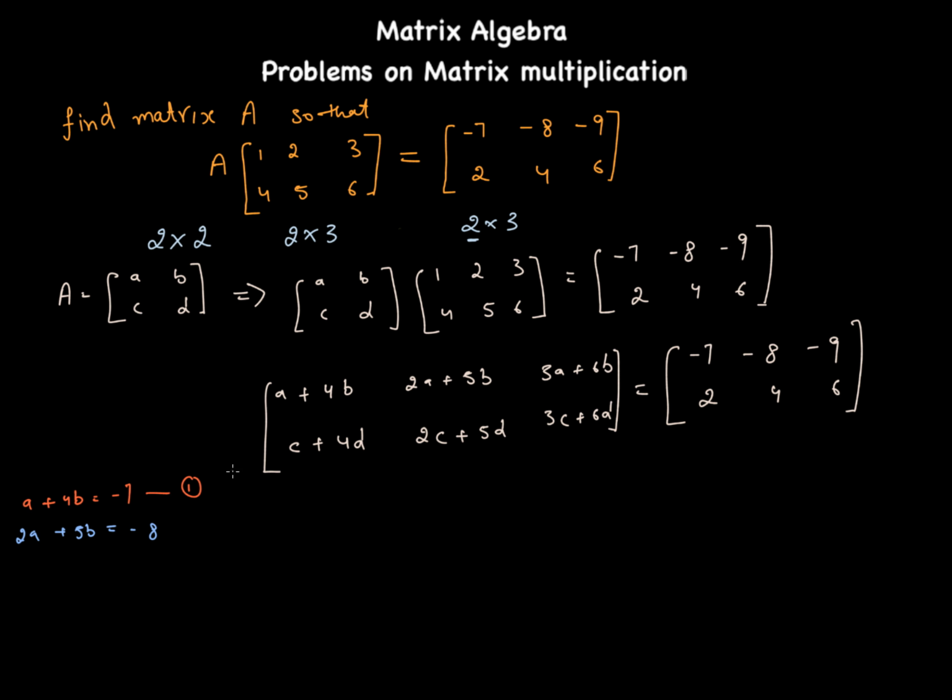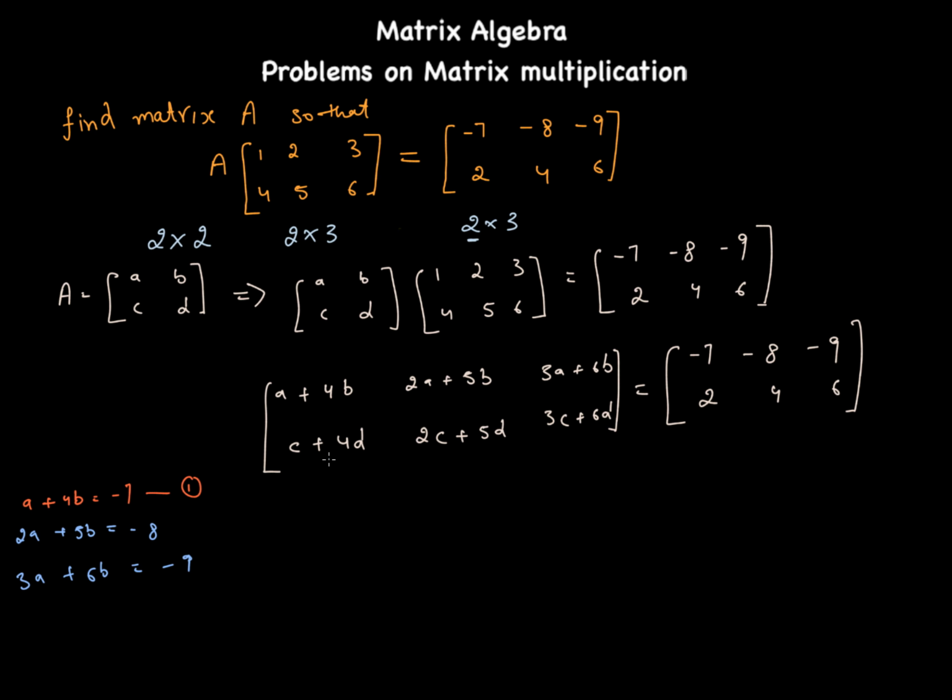And then we got 3a plus 6b is equal to -9.